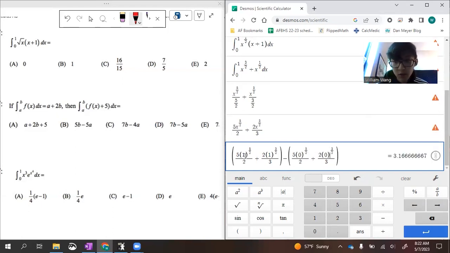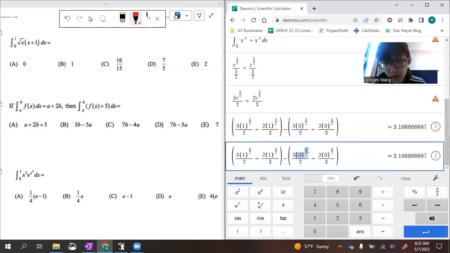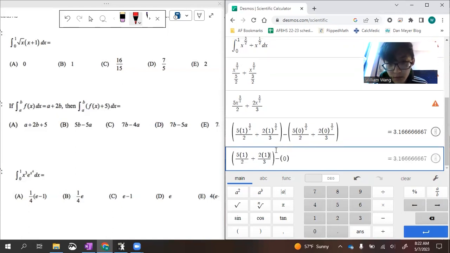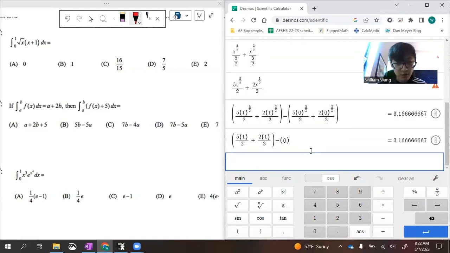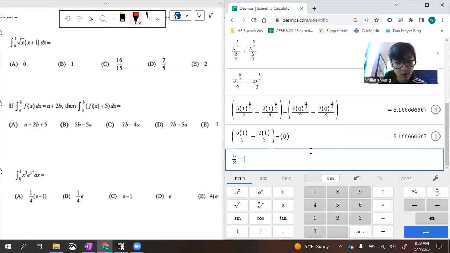Okay, Desmos should solve this for me, but it's actually easier than I expected because anything to the 0 power is 0. So this whole thing actually is just 0. Okay, 1 to any power is also just 1. So it's really just 1 here for all of these. So it turns into just 5/2 plus 2/3.